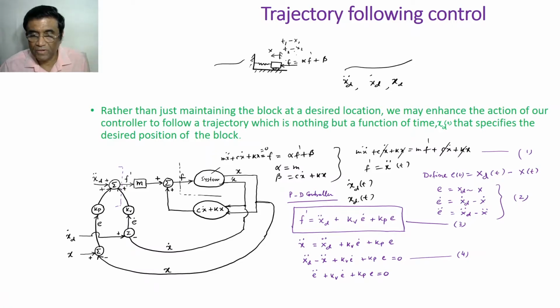In my earlier lecture you have seen that you are controlling f dash equal to, and you have defined this as equals to minus kb x, and that led to... okay.